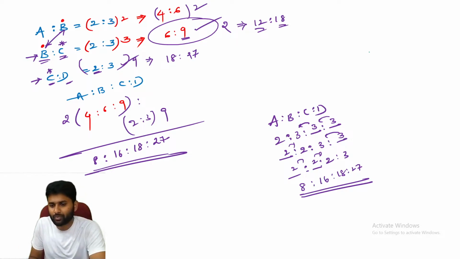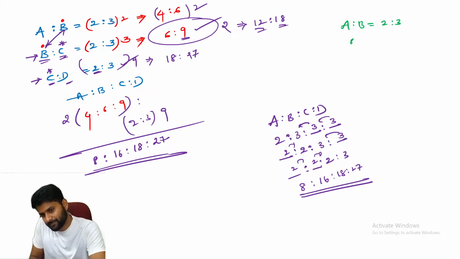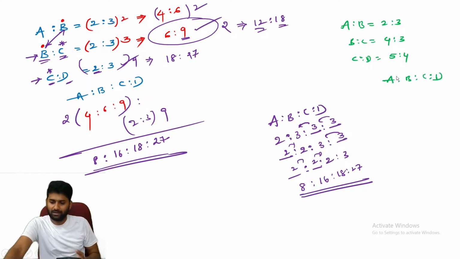I just want to give you one more example. You guys tell me what is the answer. 3 is to 3, 4 is to 3, 5 is to 4. Now you guys tell me what is the ratio of ABC. Guys, go through the question.